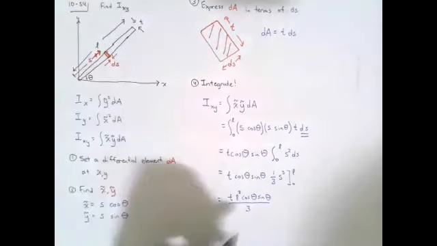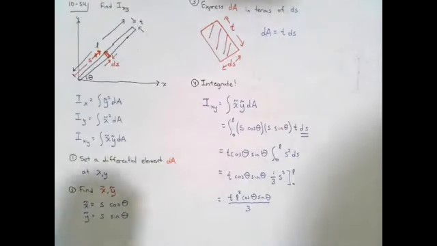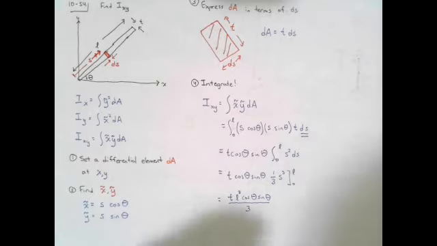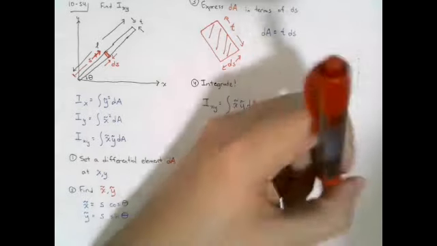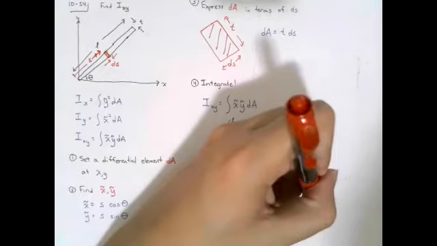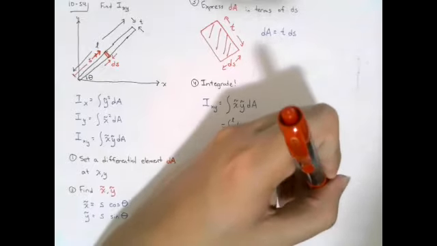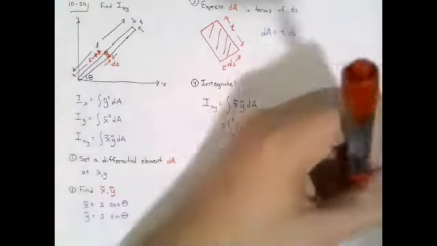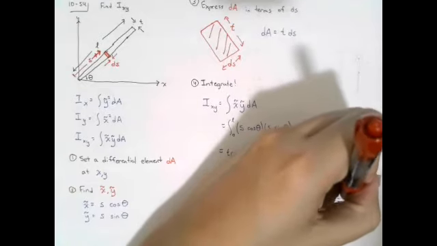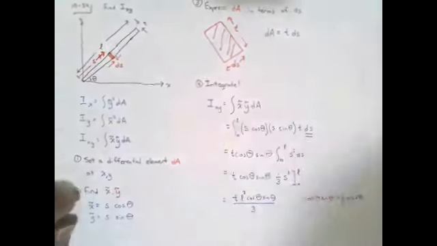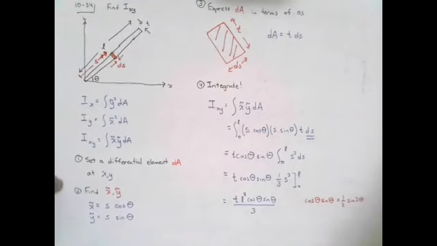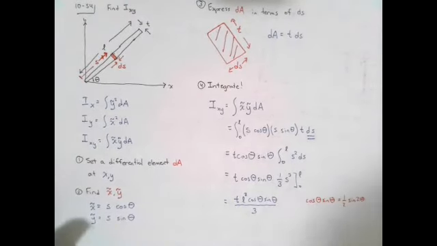If you feel that this looks a little bit disorganized, maybe a little bit clumped, perhaps you may benefit from the identity. You know that cosine theta sine theta is simply equal to 1/2 sine of 2 theta. This is just a general trigonometric identity.